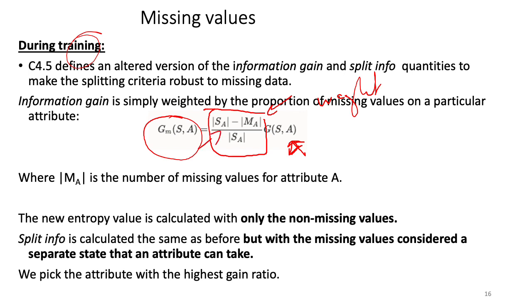The SA here is simply the number of instances with known attribute values, and MA is the number of instances that have a missing value for that particular attribute. And for the G here, you calculate exactly the same as we showed before, except that when calculating the entropy or the information, you do not take into consideration those instances that have missing values. So you do not include them in the frequency count.